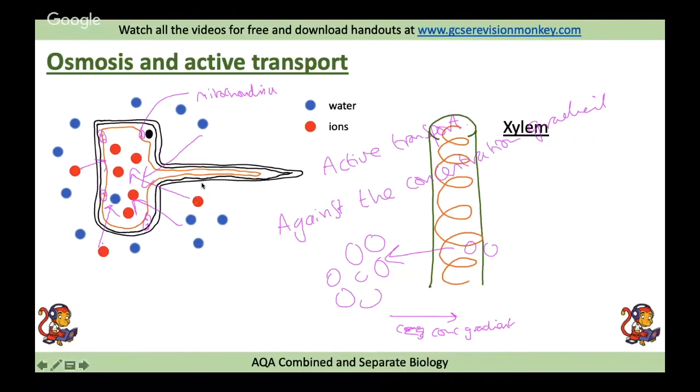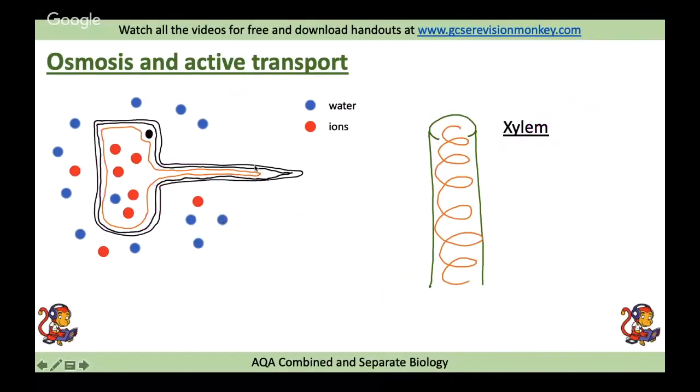Then the water and ions that have moved in, we will then see those travel up through the xylem. So water and the ions move in an upwards direction only through the xylem, and we call this the constant transpiration stream. The xylem itself is dead.